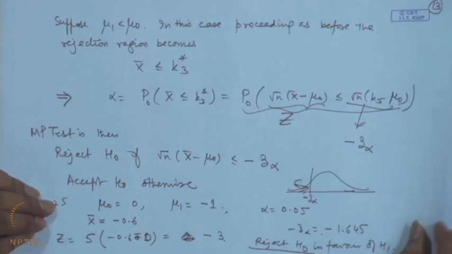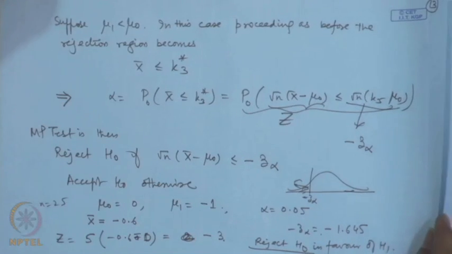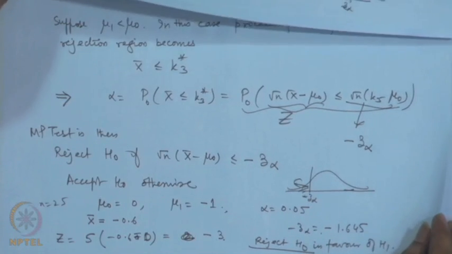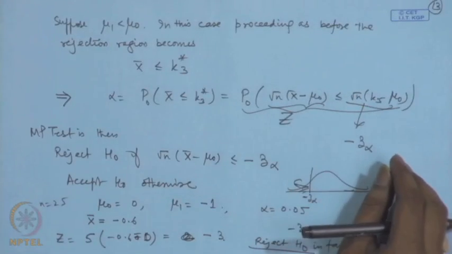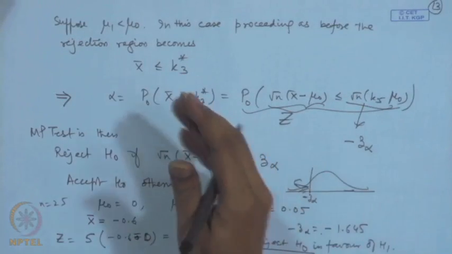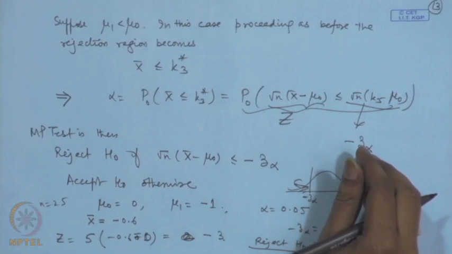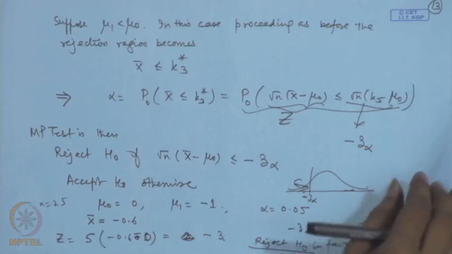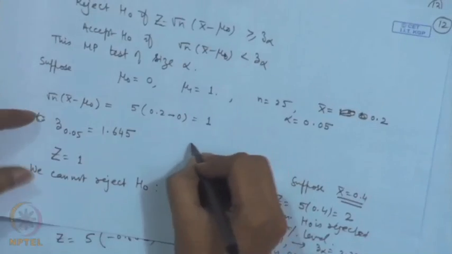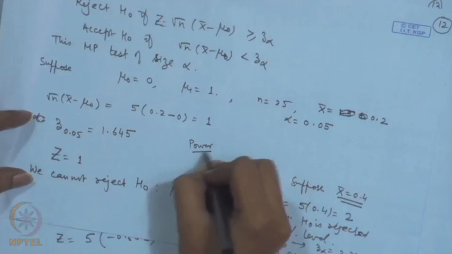Now, the problem that I have discussed can be easily seen to have wider ramifications, and of course, in both the cases we can calculate the power of the test also. What will be the power of the test? For example, in this case let us see power. What will be the power here?